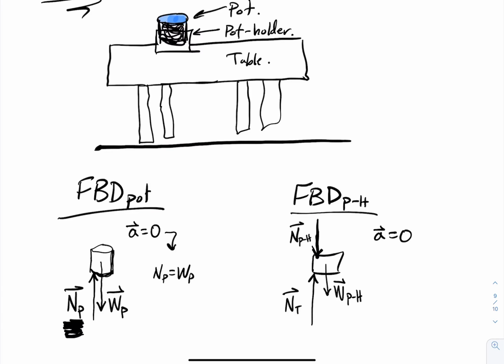Then that means that our upward force must end up equaling the sum of our downward forces, or else there would be an acceleration. You could note that this comes from the idea that the sum of the forces is equal to 0 because a is 0, and this is the same. The sum of the forces is equal to 0.